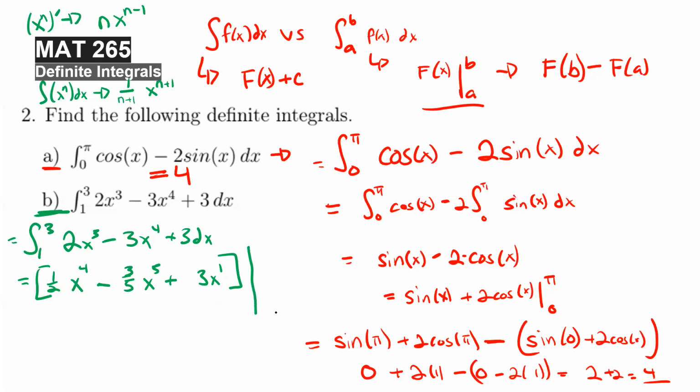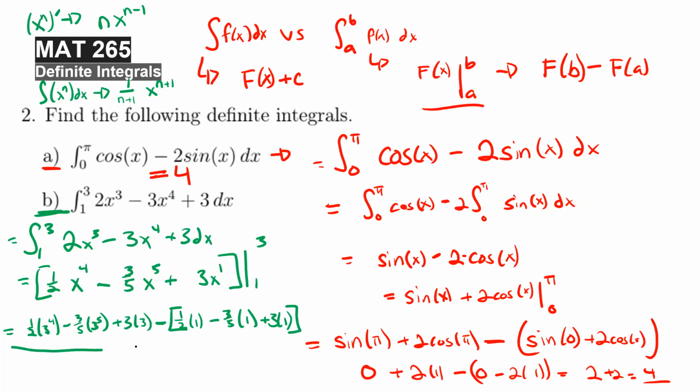Then we plug in everything from 1 to 3: 1/2 times 3 to the fourth minus 3/5 times 3 to the fifth plus 3 times 3, minus, in big parentheses, 1/2 times 1, minus 3/5 times 1, plus 3 times 1. I'm not writing the exponent because 1 to any exponent is 1.